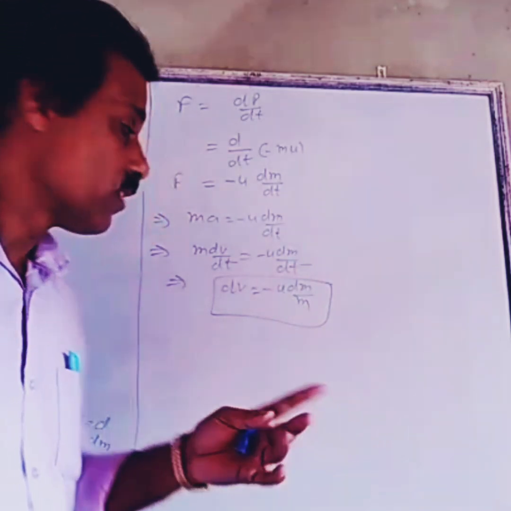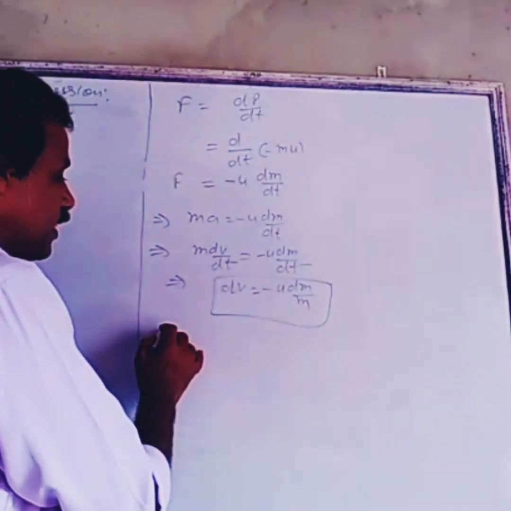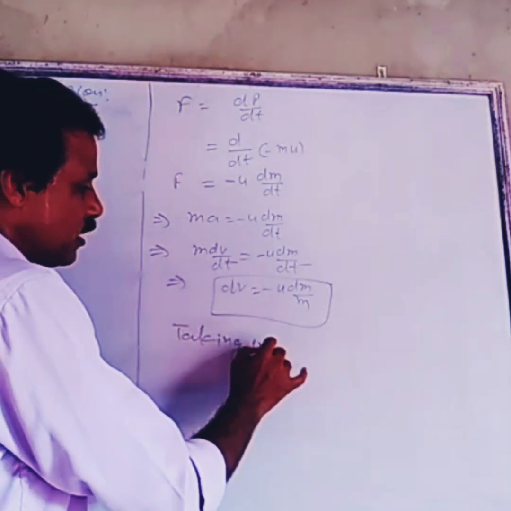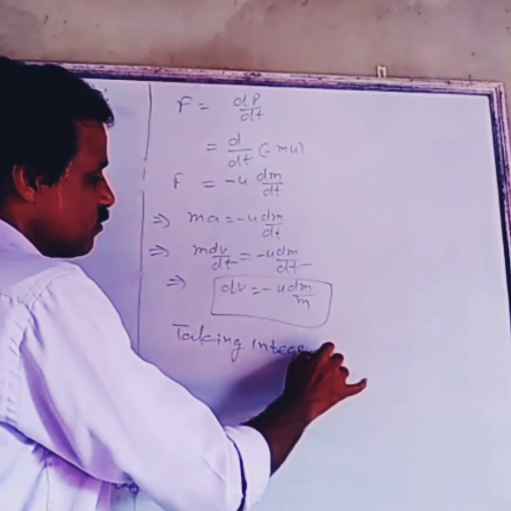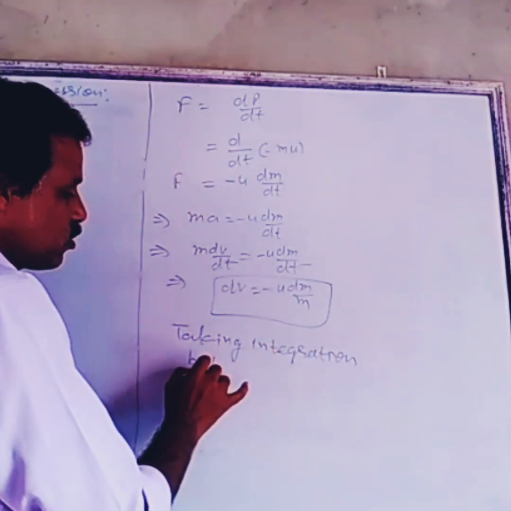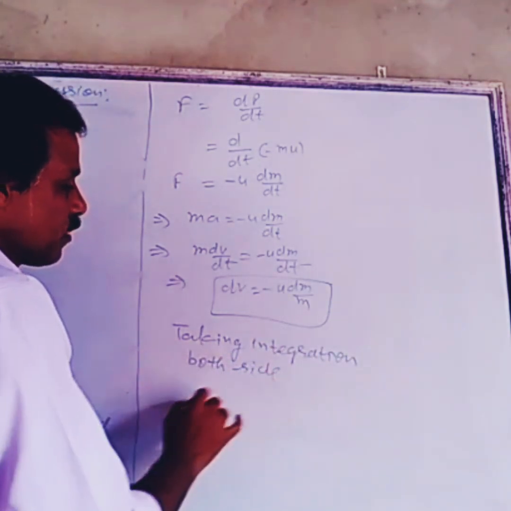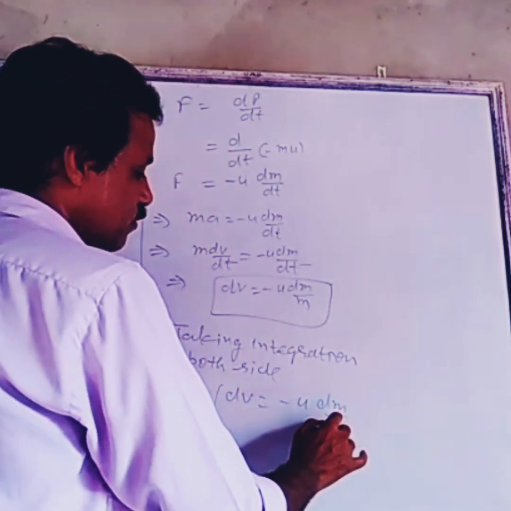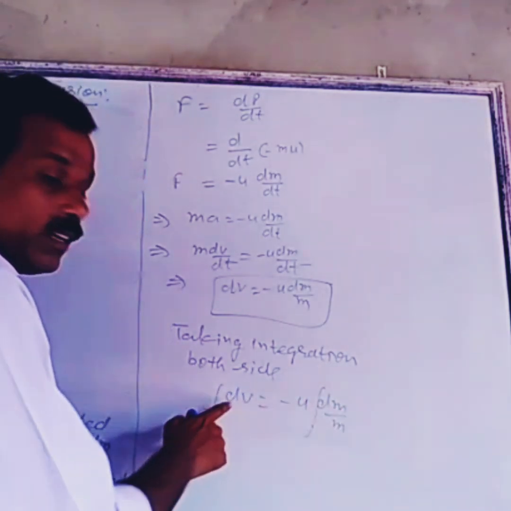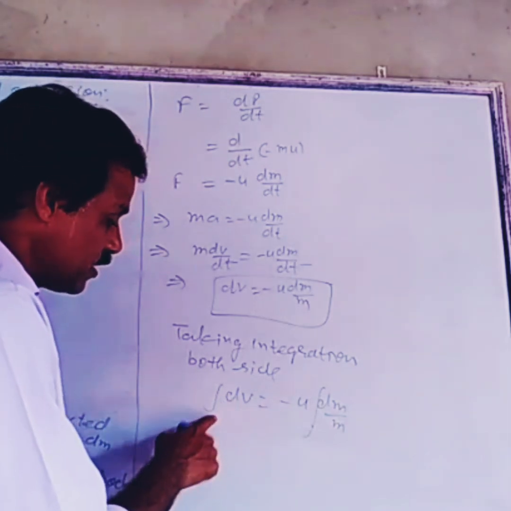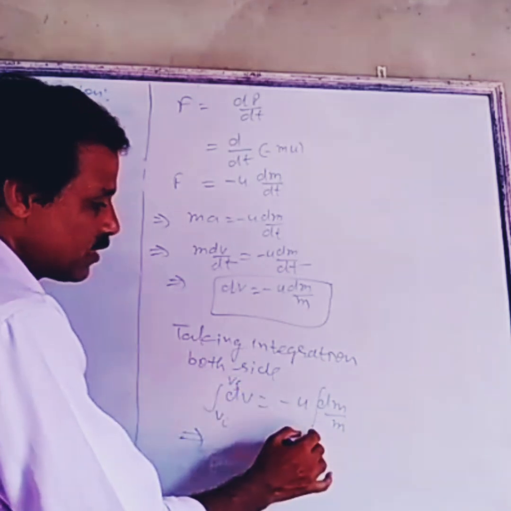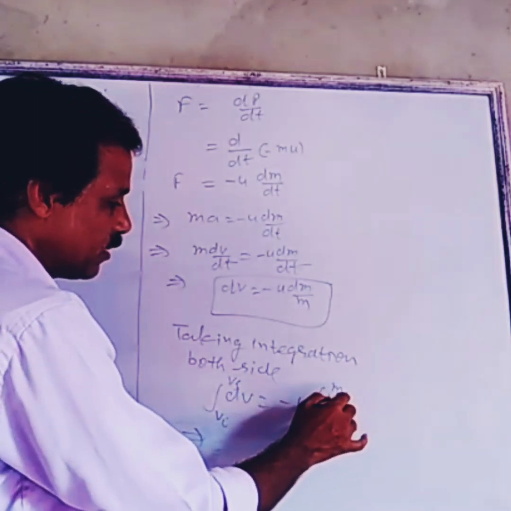How will we solve it? For solving this, taking integration on both sides, we get integral of dv equals minus u integral of dm over m, where velocity changes from initial to final and mass changes from initial to final.